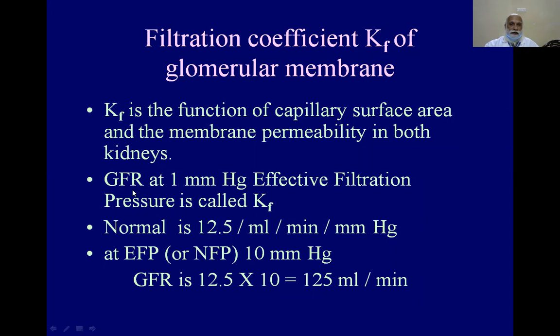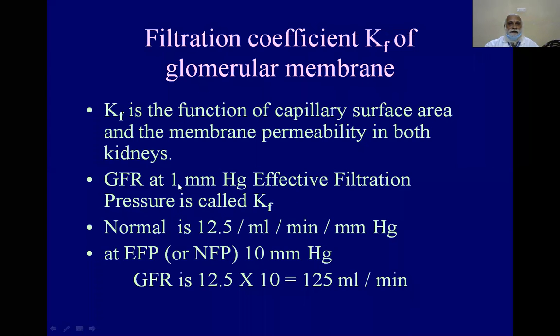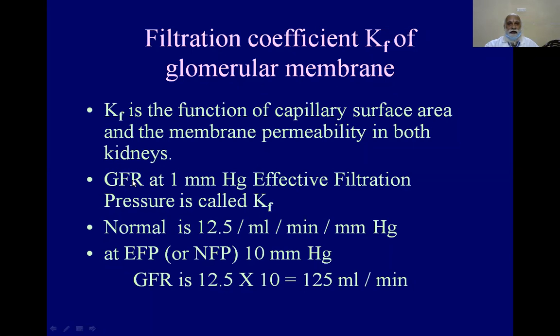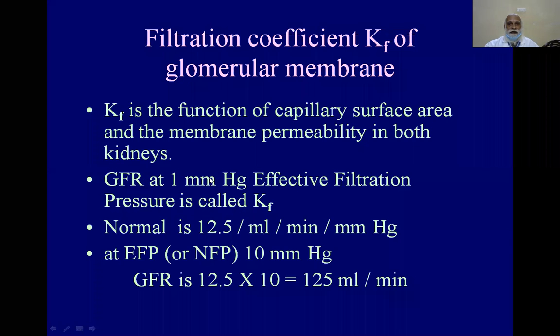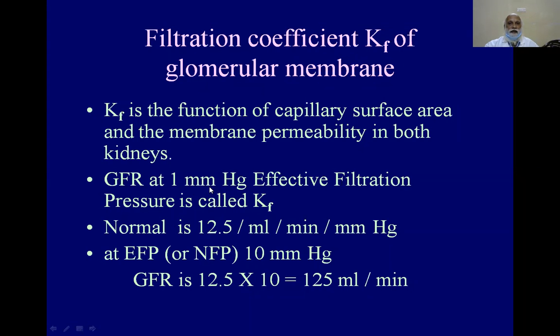So, with the filtration rate, GFR, at 1 millimeter of mercury effective filtration pressure, how much is the glomerular filtration? That is the KF. Normally, that means the GFR filtered per change of 1 millimeter of mercury pressure, and normally it is 12.5 ml per minute per 1 millimeter of mercury.